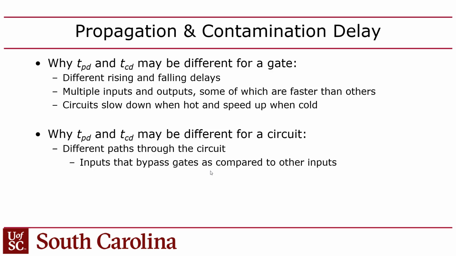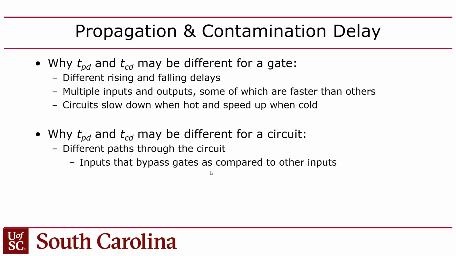And as I mentioned, sometimes there's a difference between when you change an input by bringing it up to 1 or bringing it down to 0. There's different paths through even a single gate.